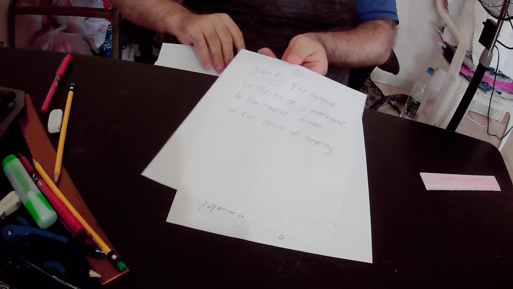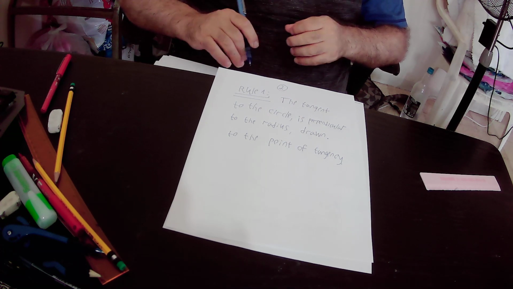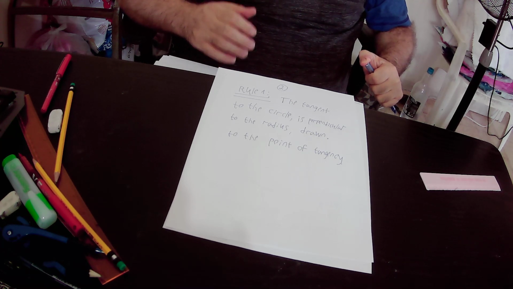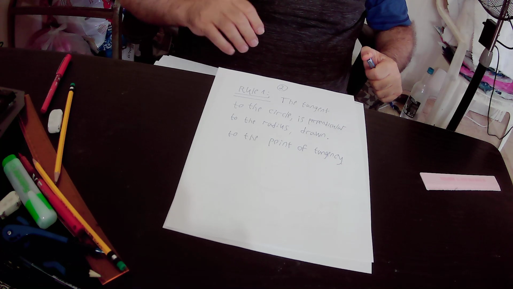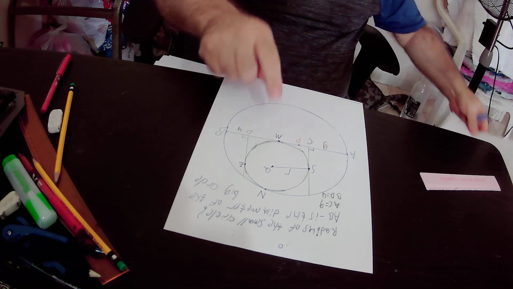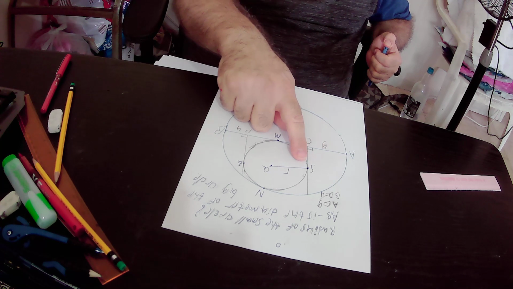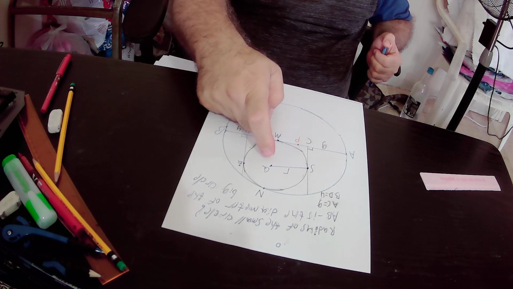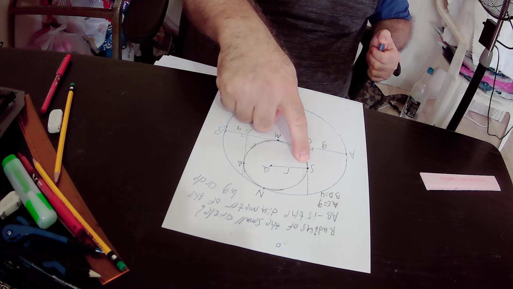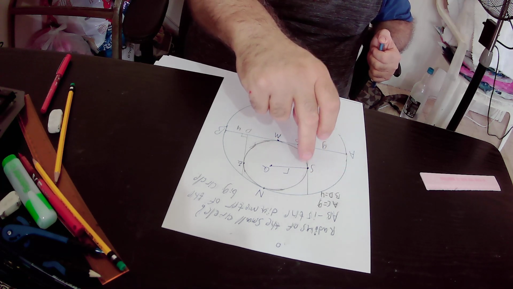So I will read rule number 1 again. Rule number 1 states that the tangent to the circle is perpendicular to the radius drawn to the point of tangency. So here we have a radius drawn to the point of tangency, because the radius starts from point Q and ends at point S, and point S is the point of tangency of the tangent to the circle.